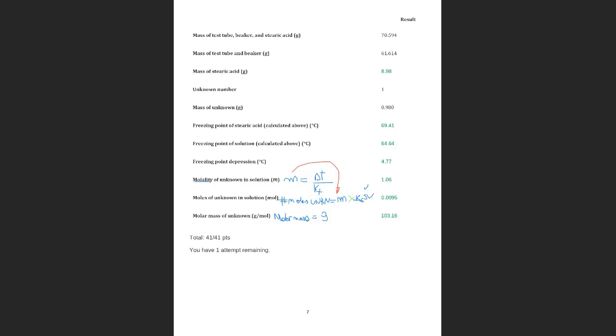It's given, the mass of the unknown is given. So the molar mass is the grams of the unknown divided by the number of moles that you calculated here.